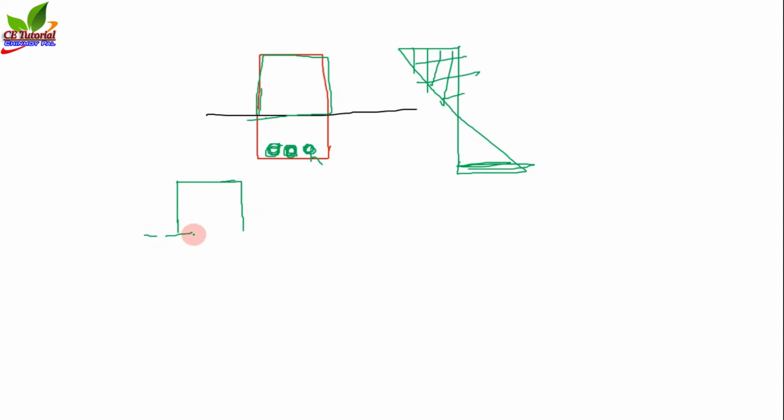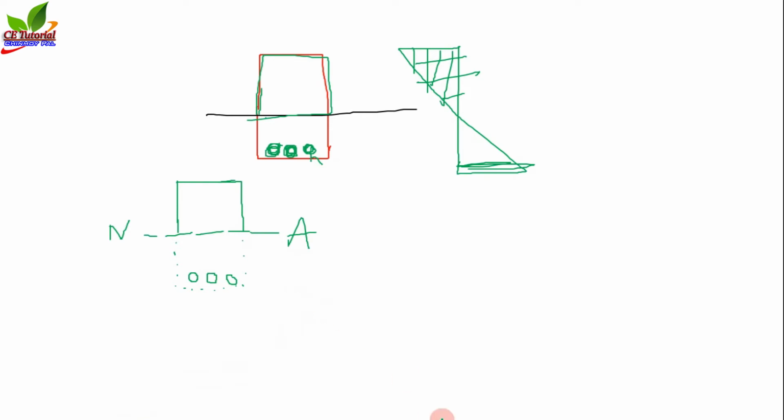Suppose this is the neutral axis, and there is a virtual rectangular portion below the neutral axis, and we have only reinforcement. Okay, we have only reinforcement below the neutral axis, no concrete.